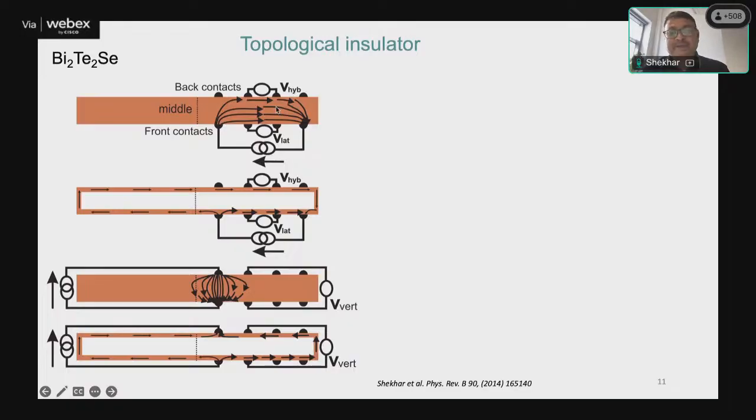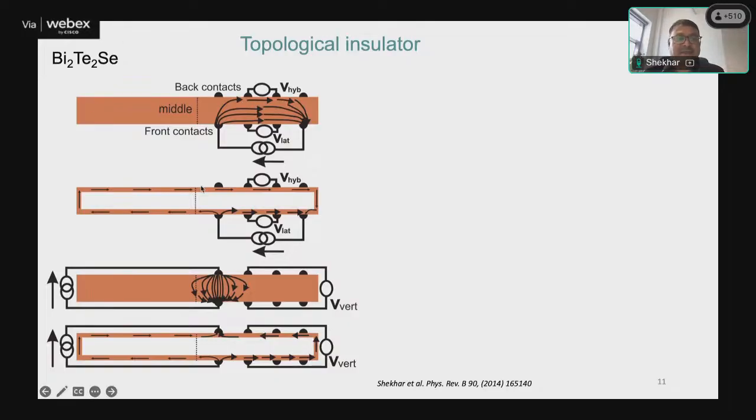If the material is bulk, like copper, then lateral and hybrid are the same value, because the whole current is going through the inside of the material. It doesn't matter whether you measure the front side or back side, the resistance is the same.